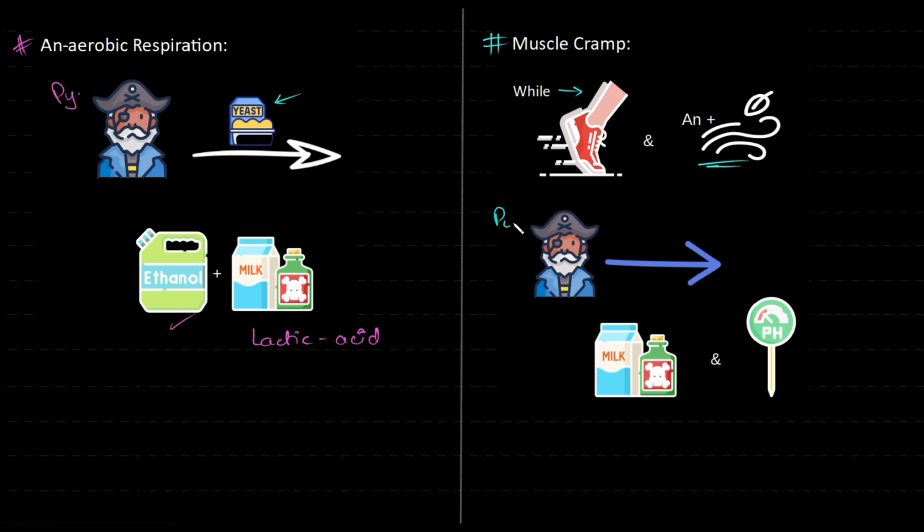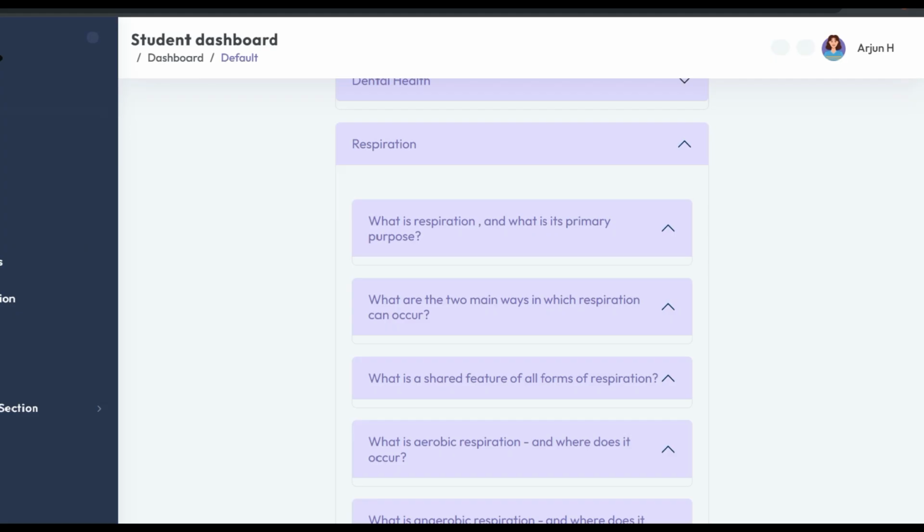In that case, the pyruvate gets converted to lactic acid in your body, and because of that the pH level decreases, and this leads to muscle cramp. And the muscle cramp goes away by breathing well in a deep manner, that is sitting and breathing well, and then it drops and you will be back to normal. Okay, so let's look at a lot of theories there.